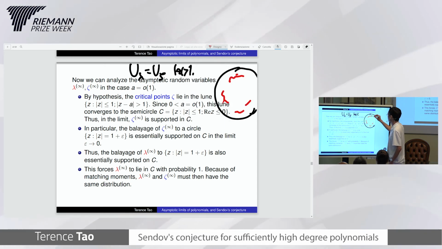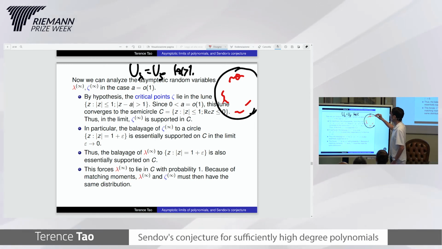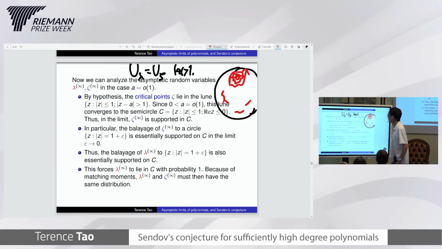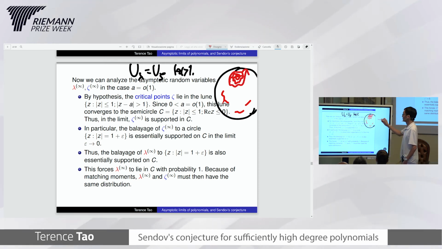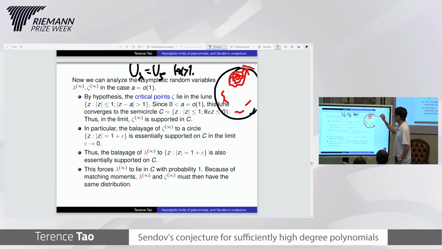You pick a random zero, and you do a Brownian motion, a random walk, starting from a random zero, and eventually it will hit the boundary. So you take a random walk, and you get what's called the harmonic measure associated to this measure, and so you get some measure on the boundary.